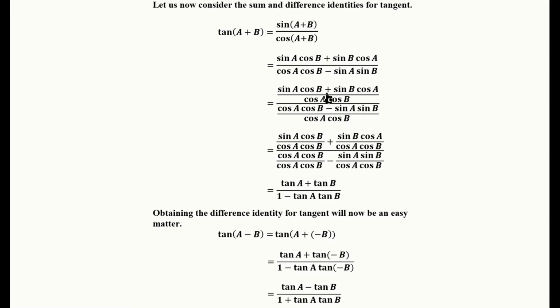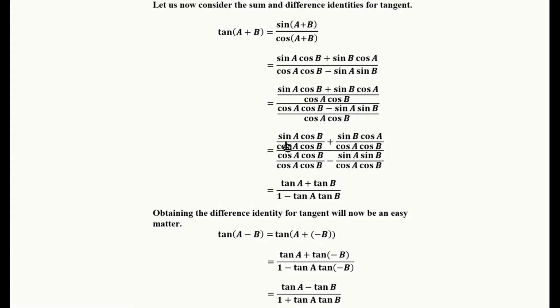Now, of course, we can split it up, so we get sine a cosine b over cosine a cosine b plus sine b cosine a over cosine a cosine b. And don't forget, we're doing the same to the denominator, so we end up with cosine a cosine b over cosine a cosine b minus sine a sine b over cosine a cosine b.